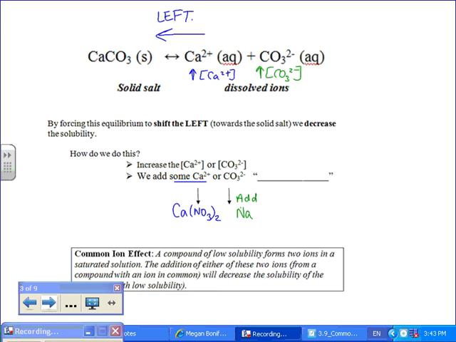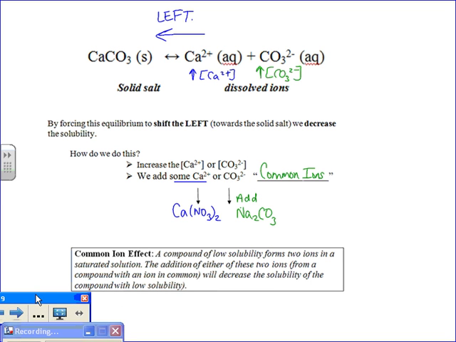So in this case, I would add some sodium carbonate, which gives me more carbonate ions, and again, that shifts it to the left. So these are called common ions. So adding more of one of the ions that's already present in equilibrium shifts us to the left and therefore decreases solubility.